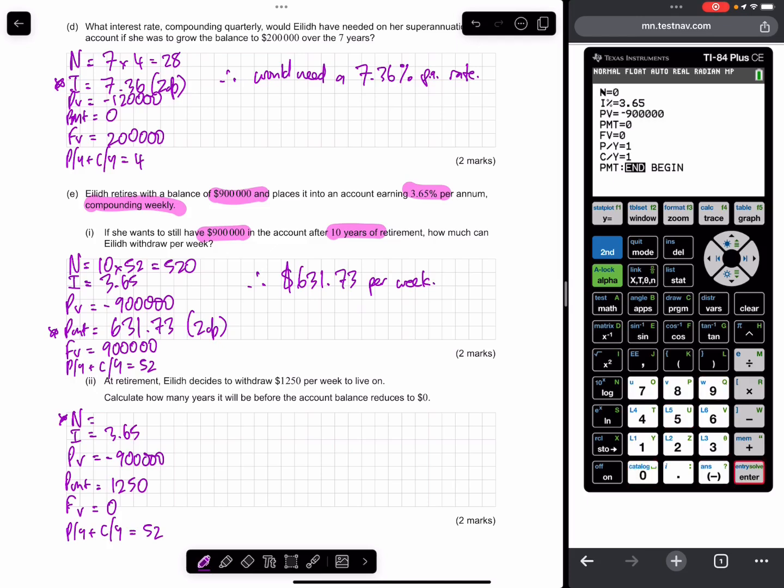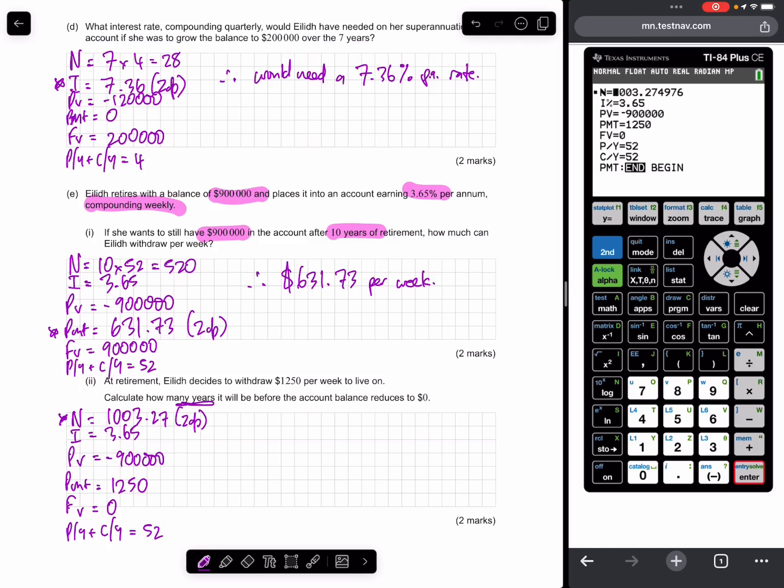900,000. PMT. Positive 1250 because she's getting paid that amount. Account goes to nothing. 52. Alpha. Enter. It says 1,003.27 to 2 decimal points. How many years?